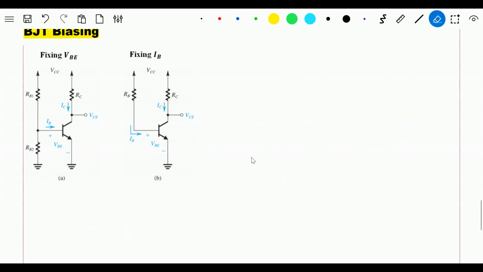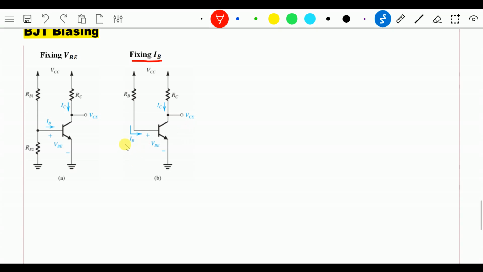Okay, students, let us now discuss fixing IB. This is the circuit which we are going to discuss now, and this is the way the circuit is connected. Now you don't see RB1 and RB2, you don't see the voltage divider biasing circuit here. You have removed RB2 so that now IB is completely fixed. The equation for this is very simple.